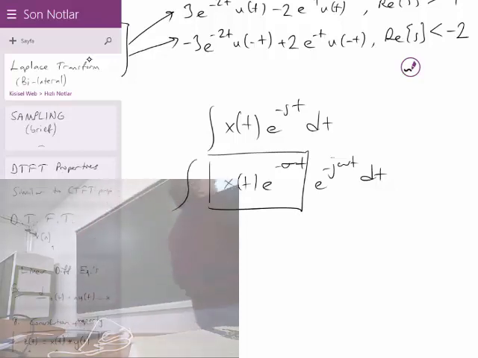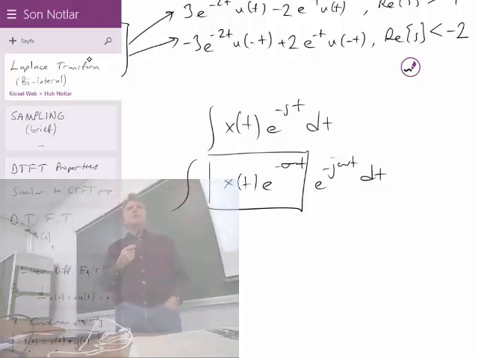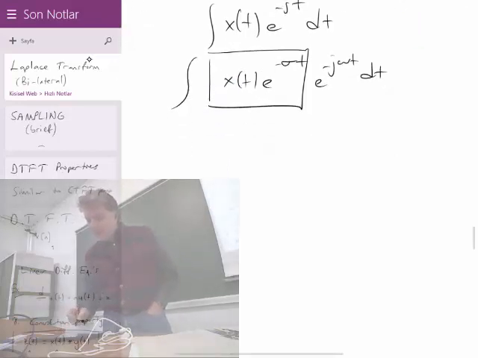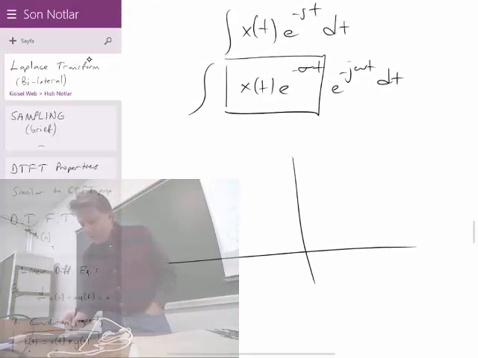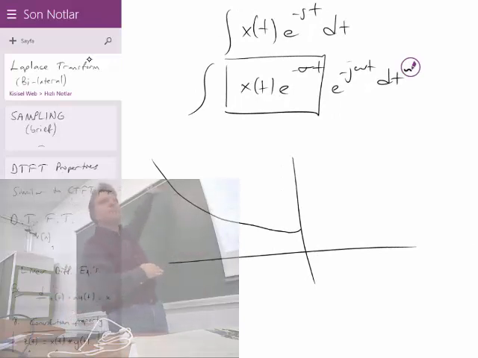In this boxed term, we are multiplying our signal with an exponential. The concept is as follows. Let's assume that x of t is increasing towards the left hand side like this, like the signal that we have, it blows up for negative t. That is x of t.